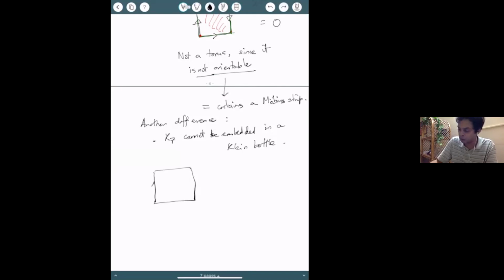So this time, let me glue this pair, and maybe I'll glue this side to this side, and this side, and this side, and this side. So anyone, can you guess what surface you get?